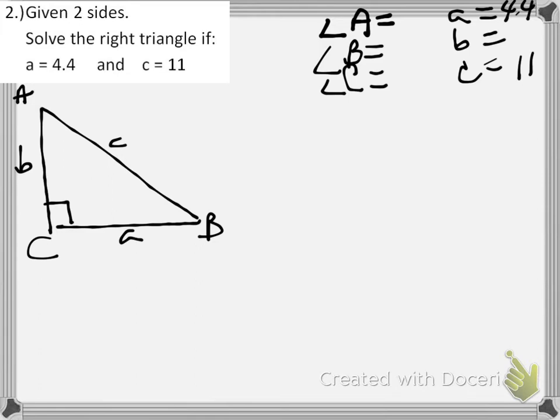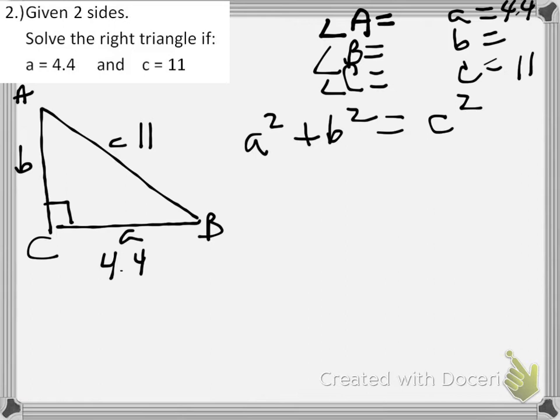Step 2 says do the Pythagorean theorem. Well, I know that this side is 4.4, and I know this side is 11. So Pythagorean theorem says a squared plus b squared equals c squared. And plugging in what I know, this is 4.4 squared plus b squared equals 11 squared. But I want b squared by itself, so I'm going to subtract 4.4 squared from both sides.